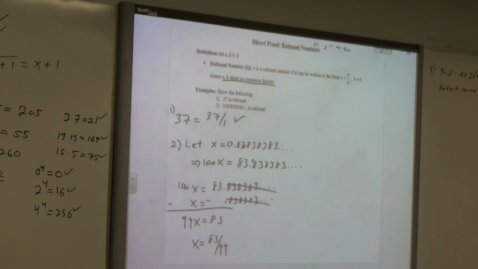Yeah, stick it in the calculator, right? If you were to stick 83 over 99 in your calculator, it would be 0.83838383. It's our job just to show it's rational. So if we were to use this rule with 2 repeating digits, it would always be that number over 99? Correct. If it was 3 digits, what would it be, guys? Not 1,000. 999. If it was 4 digits, it would be over 9999.